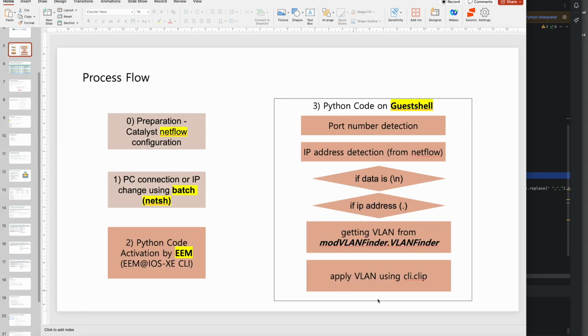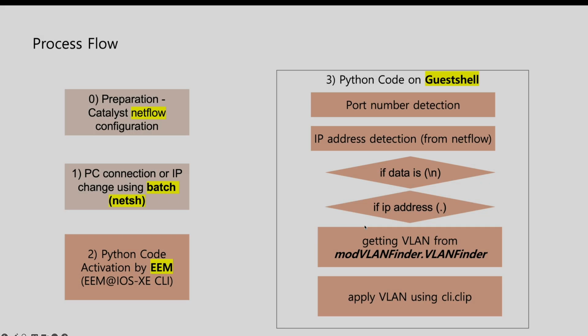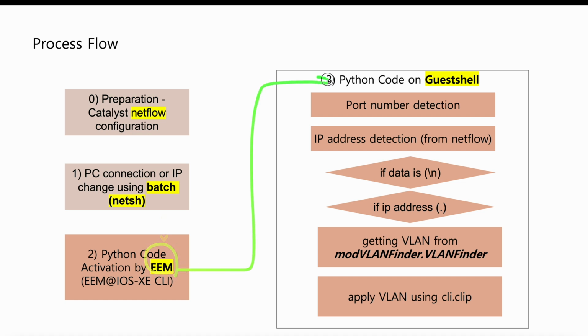And as you see, I will summarize this session. Using netflow, we catch the source IP address, and using a batch file, the IP will change. When the port goes down and up, EEM is activated, and EEM will call the Python file in the guest shell.